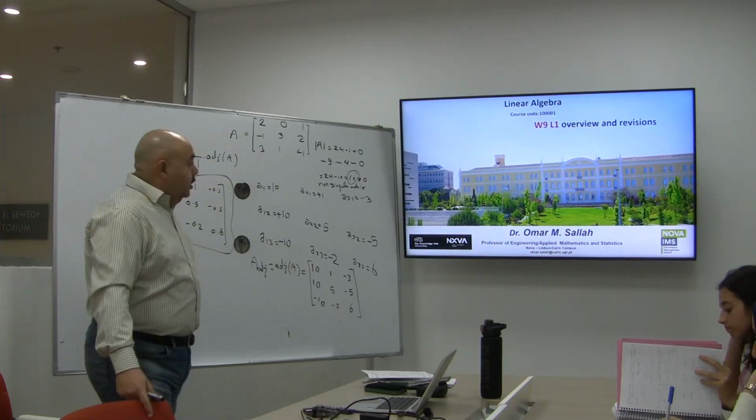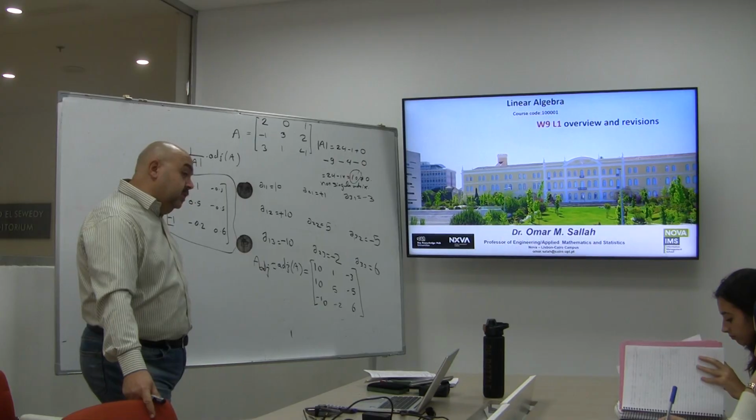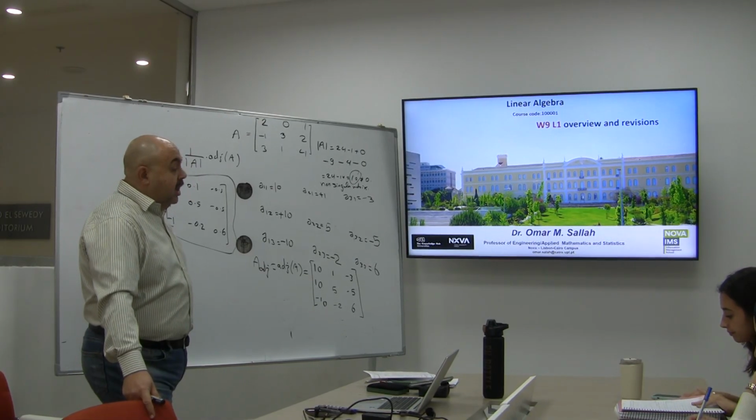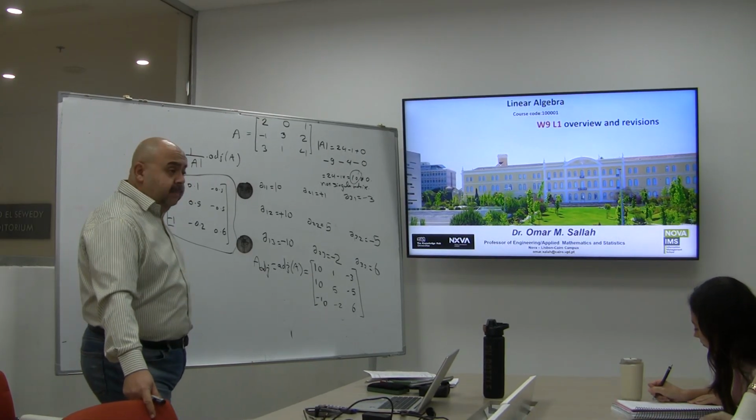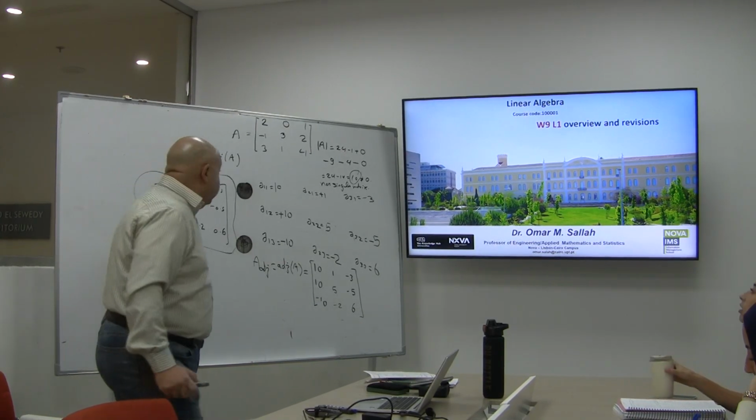Okay. So this is how to get the inverse using which method? The cofactor method. I can solve this guy also by Gauss. How to solve it using Gauss? Do you remember?